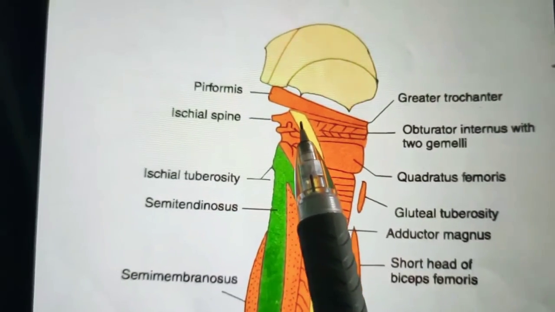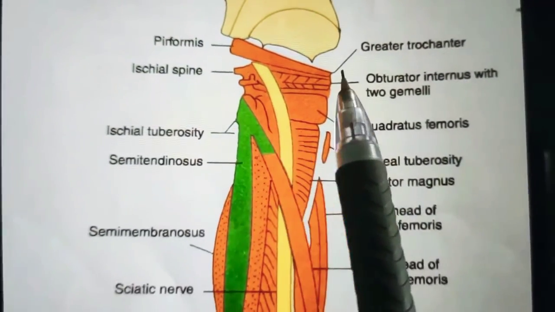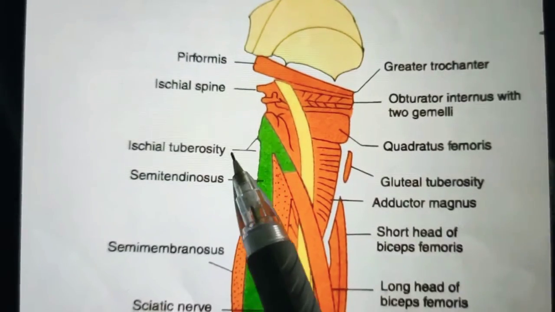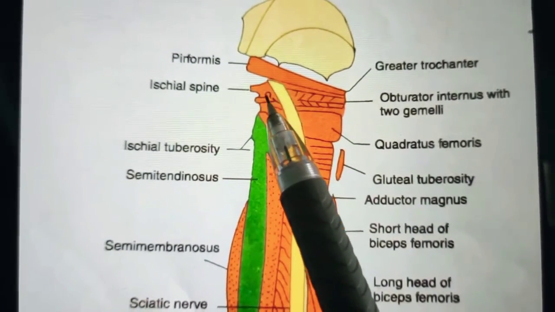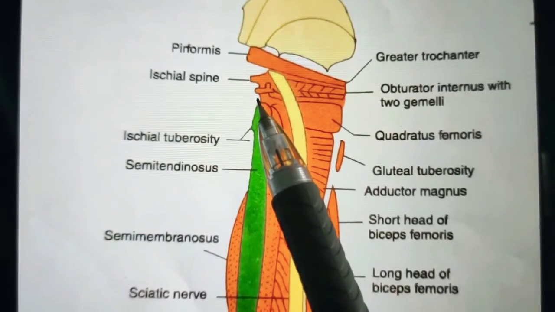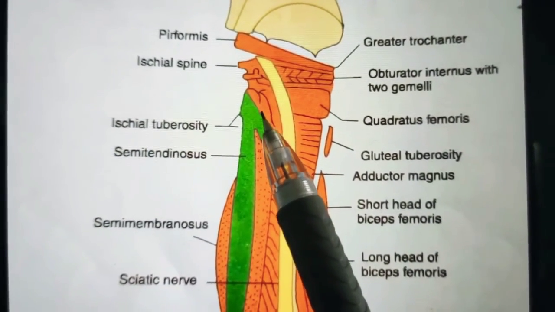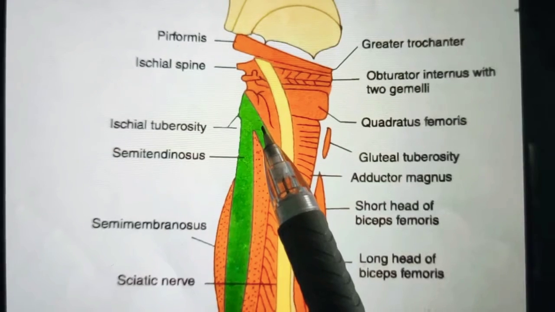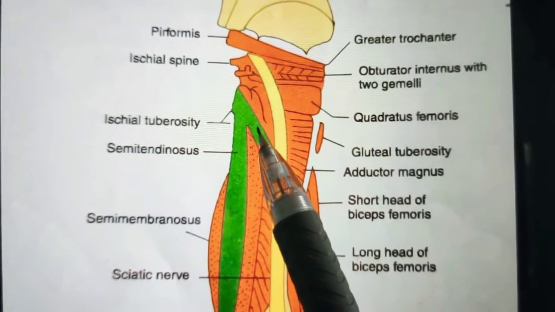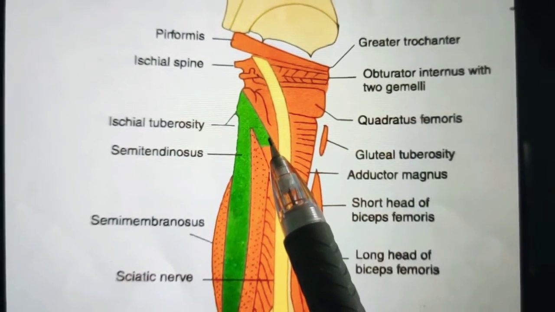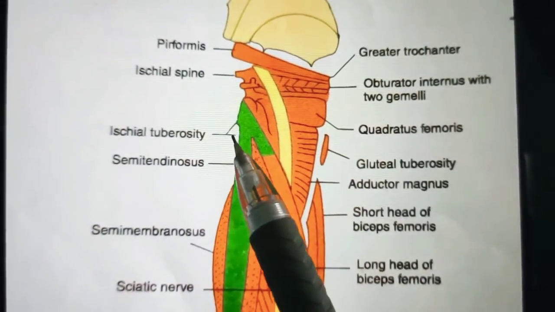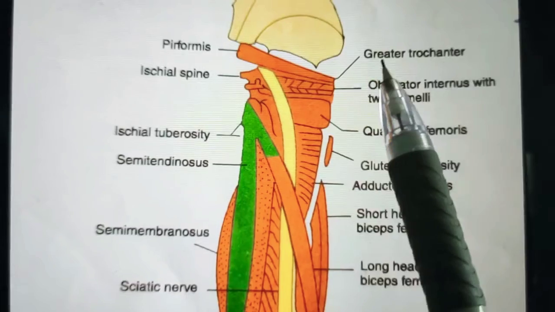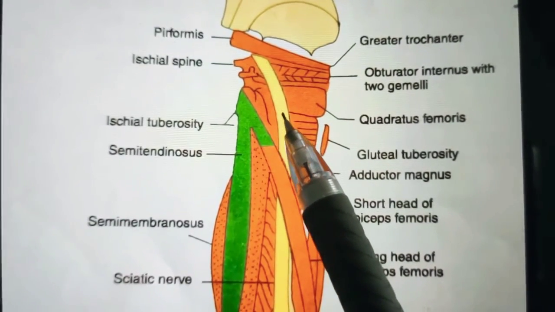Coming to the gluteal region, the sciatic nerve enters by the greater sciatic foramen, below the piriformis. It runs downward with a slight lateral convexity, passing between the ischial tuberosity and greater trochanter. You can see the greater trochanter, the ischial spine, and the ischial tuberosity.